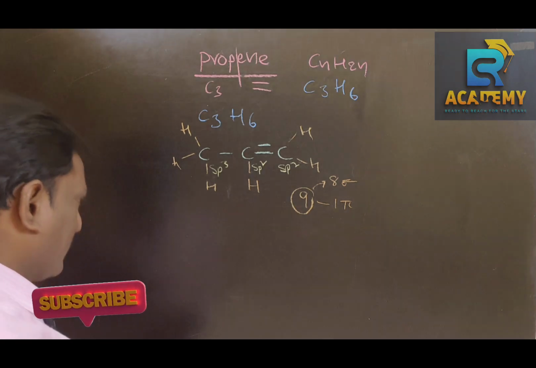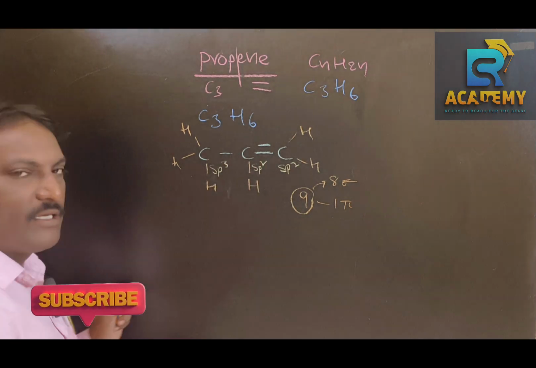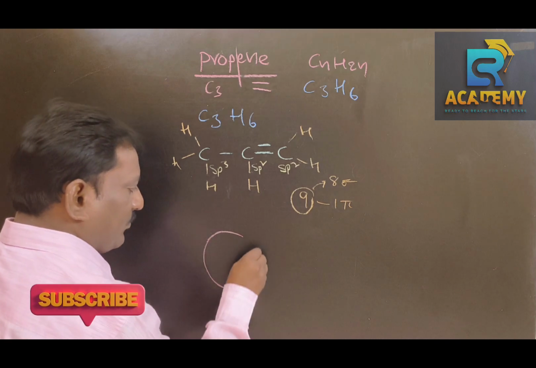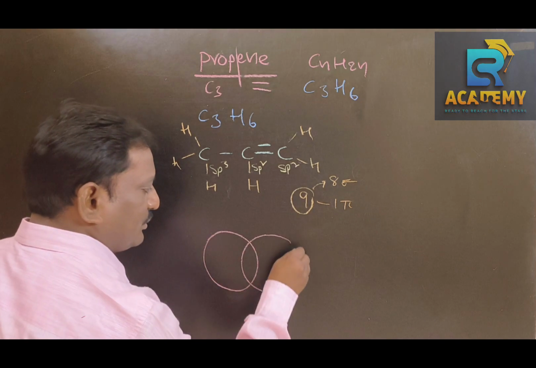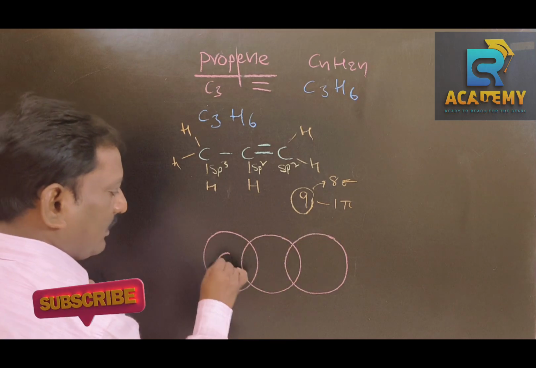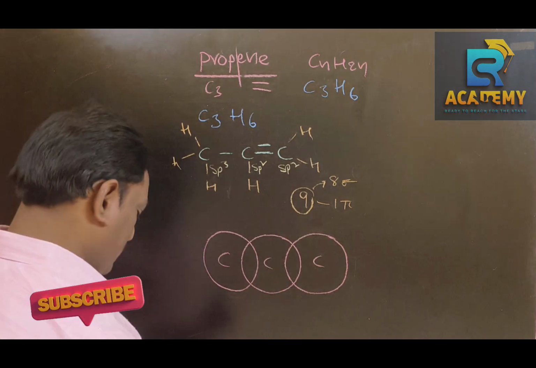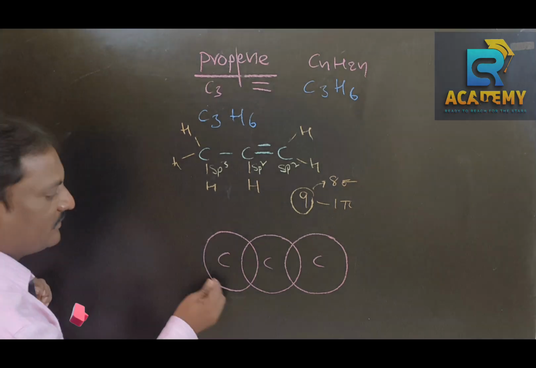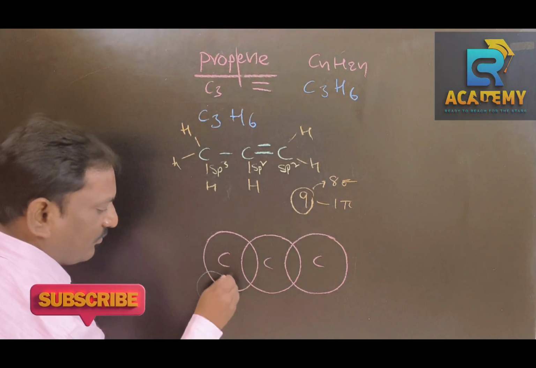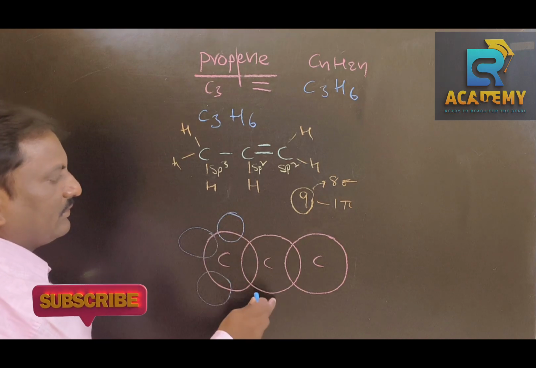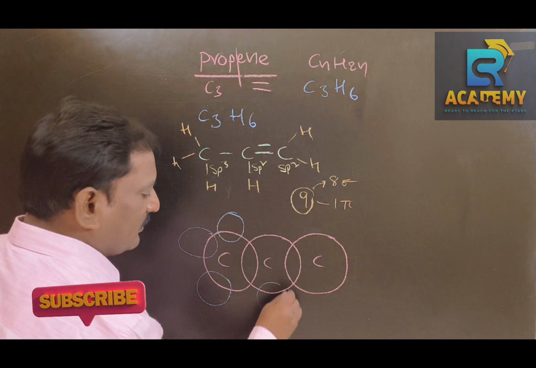Next, Lewis dot structure. How many carbon atoms are there? 3 carbon atoms. We require 3 circles: 1, 2, 3. Carbon, carbon, carbon. This carbon atom gets attached with 3 hydrogen atoms: 1, 2, 3. This carbon atom only 1 hydrogen.